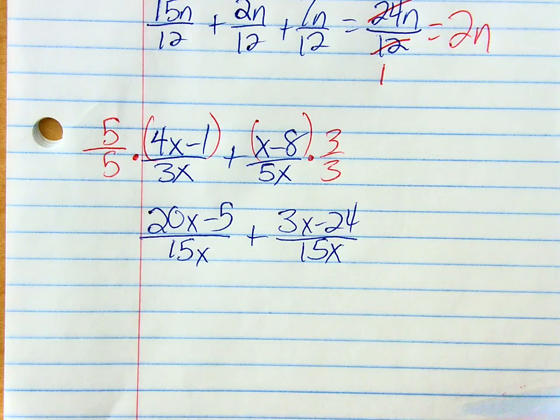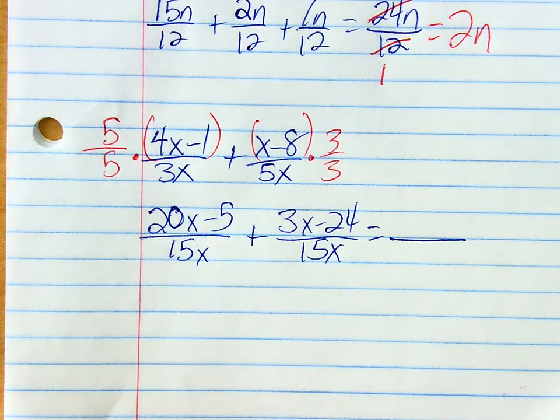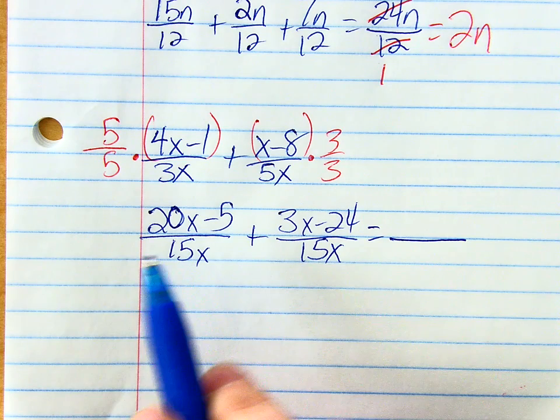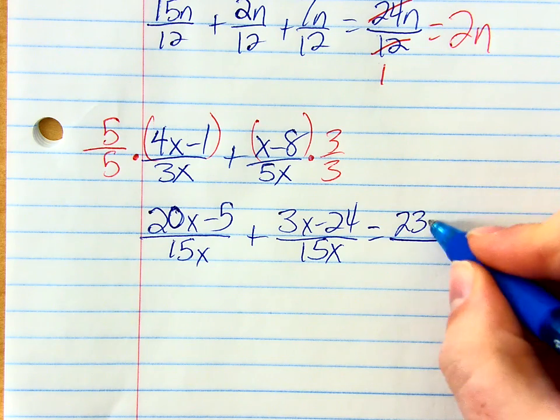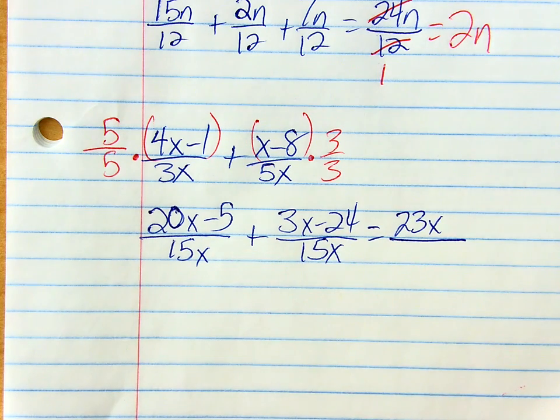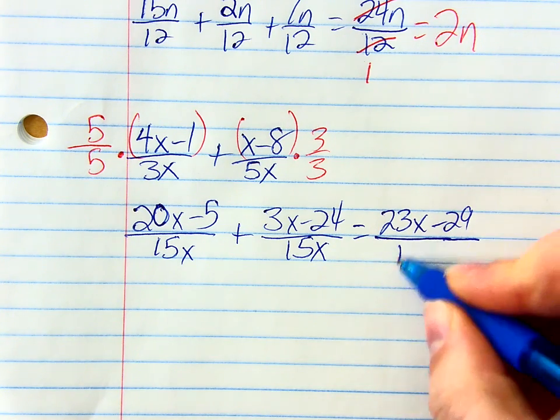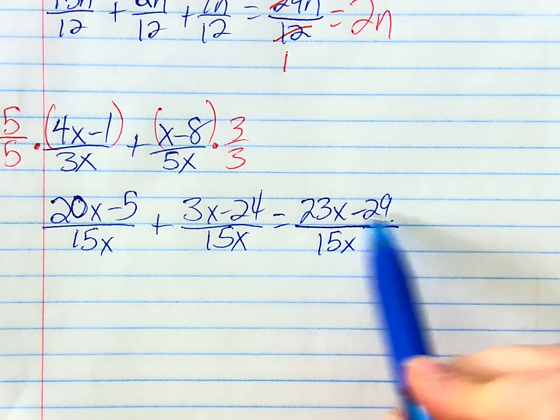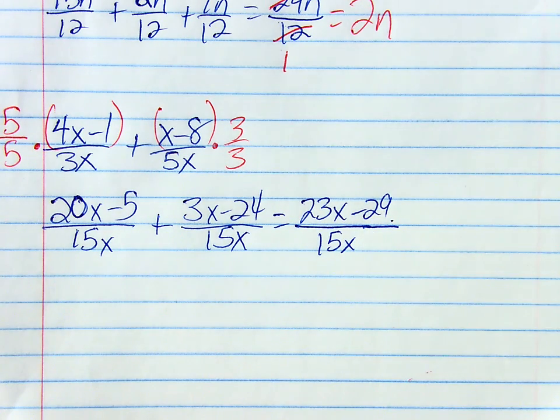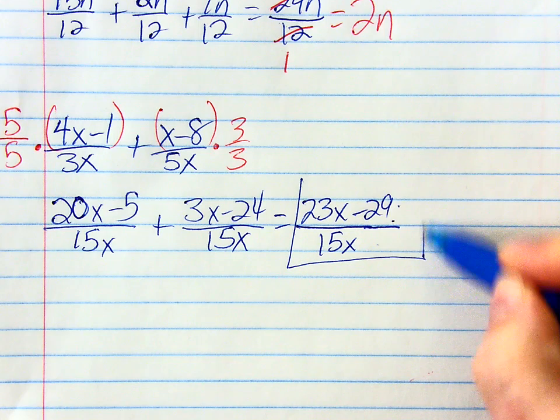Now I have common denominators and I'm just adding, so we'll combine like terms. 20x plus 3x, 23x, and then negative 5 plus negative 24, minus 29, and the whole thing is over 15x. Is that a final answer? Yeah, because there's nothing for me to factor out from that numerator. I can't take anything out, and I can't cancel a binomial with a monomial, so that's my final answer.